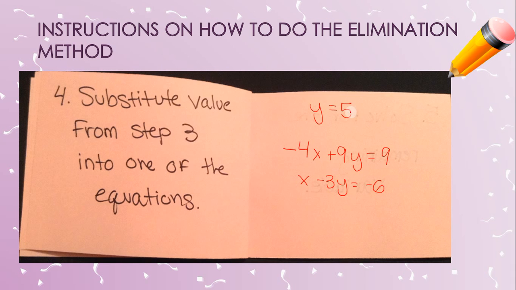Let's put it into the bottom one. So I'm going to put the 5 for y into the bottom equation. So I have x minus 3 times y. Y is 5, so 3 times 5 equals negative 6. So I've substituted the value that I got, 5, in for y.